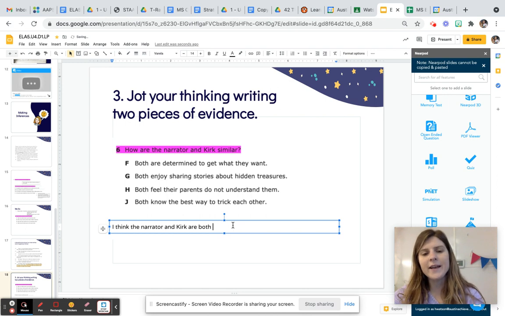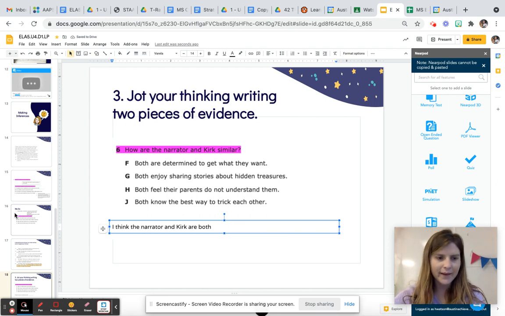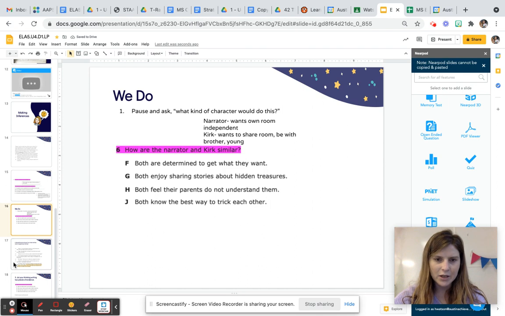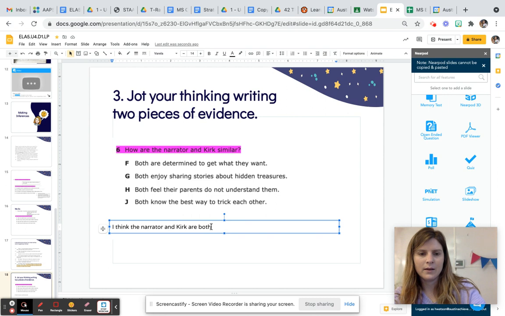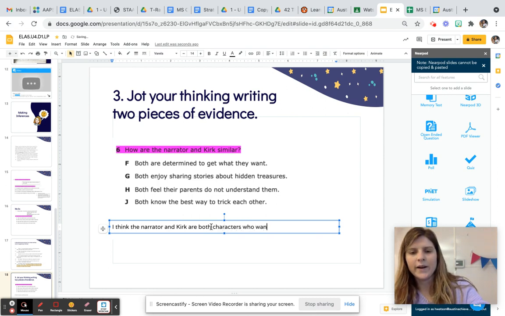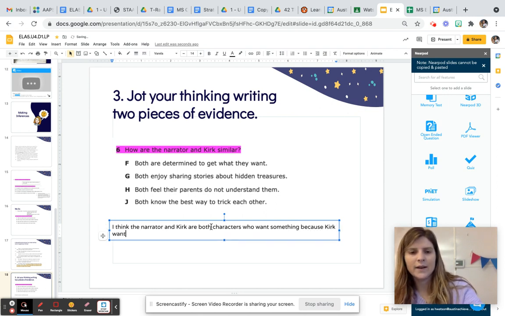All right, so I've decided, looking at my notes, I think the narrator and Kirk are both characters who want something because Kirk wants to share a room and the narrator wants his own room.